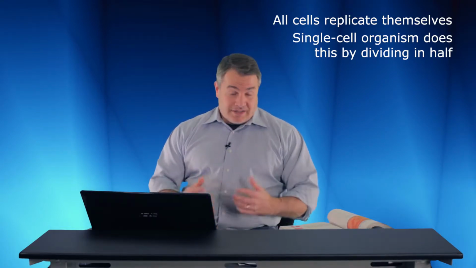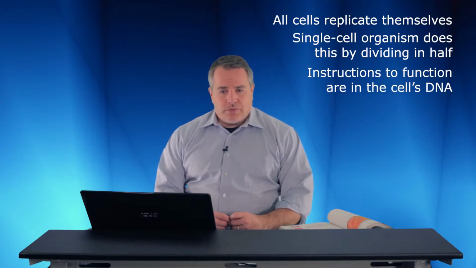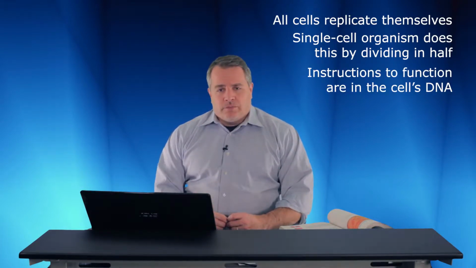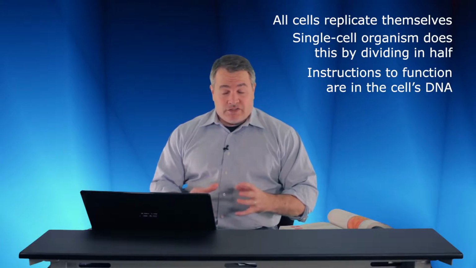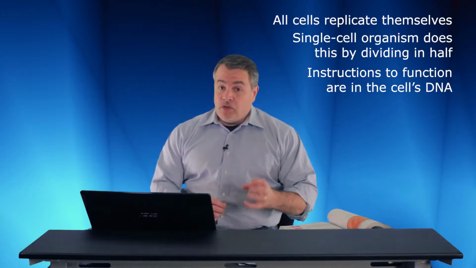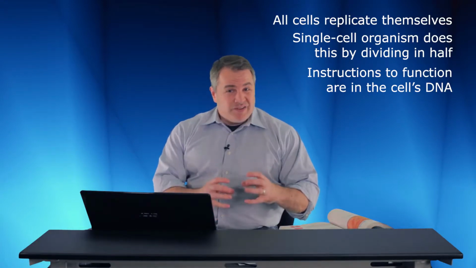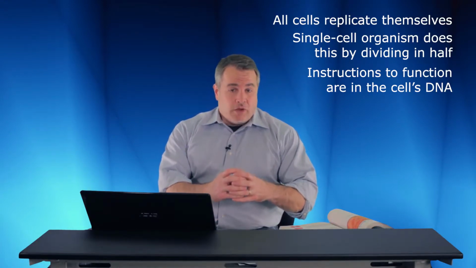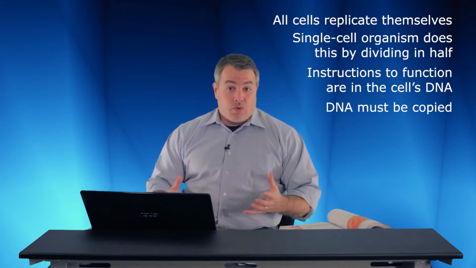When you divide in half, remember the instructions that tell that cell how it's supposed to function and what kind of cell it's supposed to be are contained in the DNA. So you need a full copy in the parent cell, the starting cell, as well as a full copy in the daughter cell, or else the cell won't work. So that's how this works.